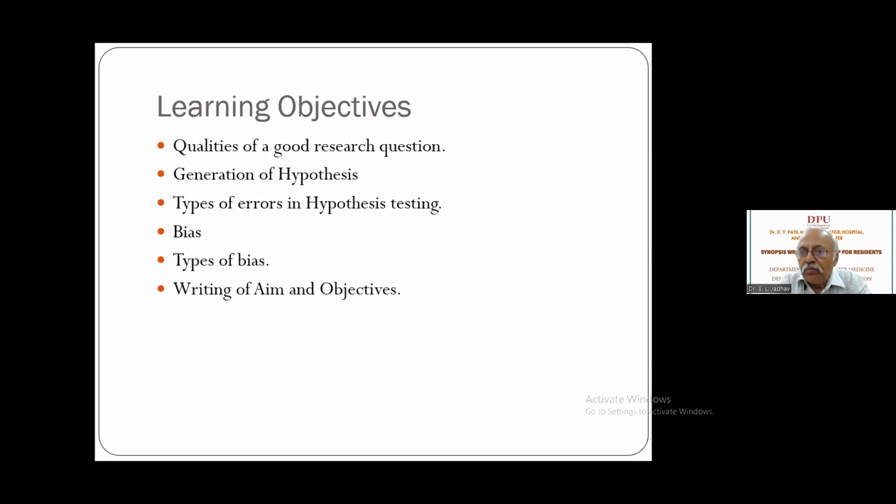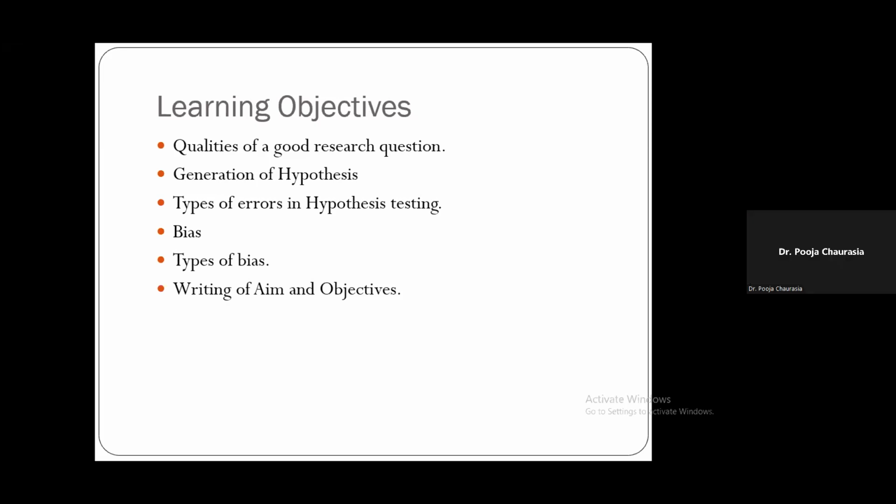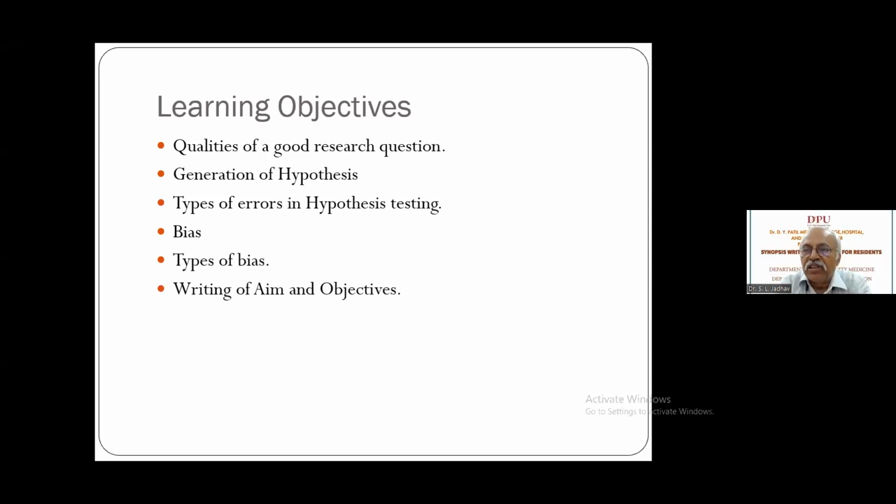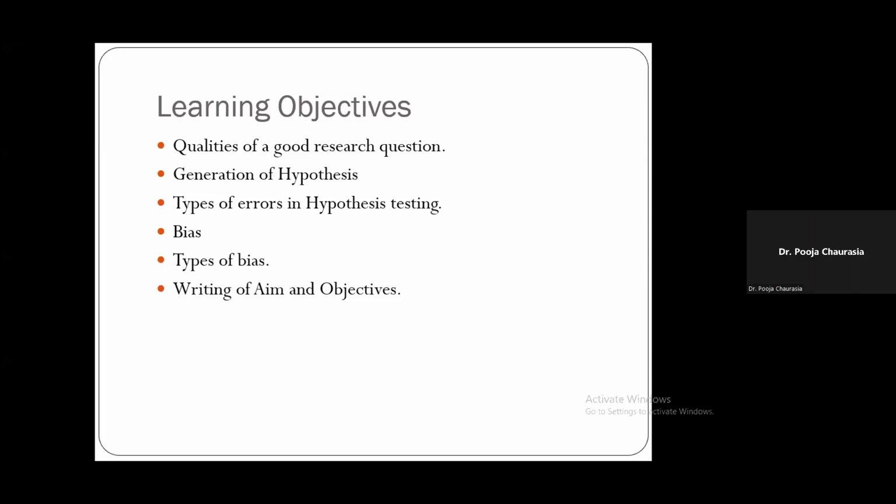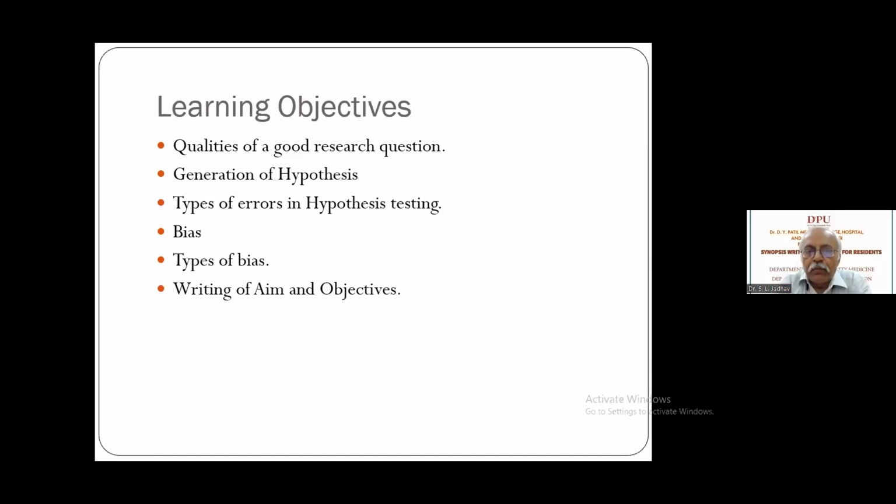Thinking through makes you contemplate these problems which can come later. If you have not thought through the subsequent phases, your research question or your research hypothesis is not very strong. And what are the biases? Again, as I said, these are for subsequent sessions, but while framing the research question, you have to keep that in mind.